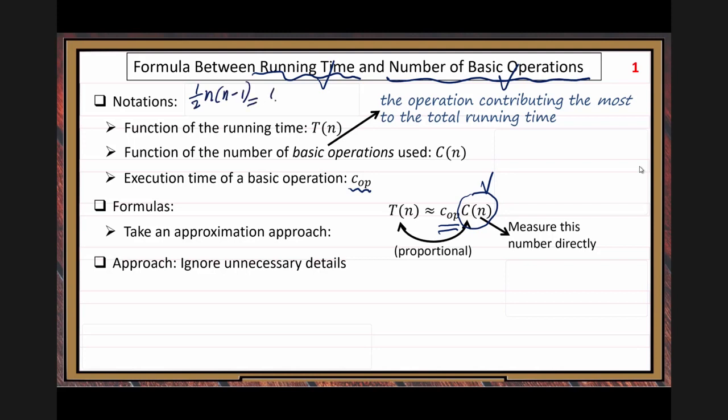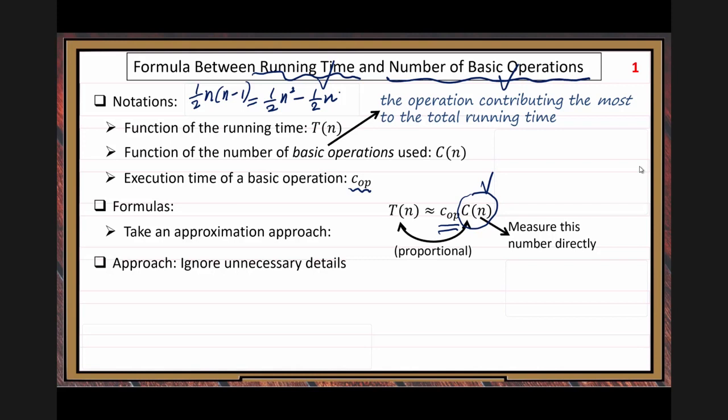The first one, 1/2 n squared. Second, 1/2 n. Some functions we may need to use more terms, several terms.